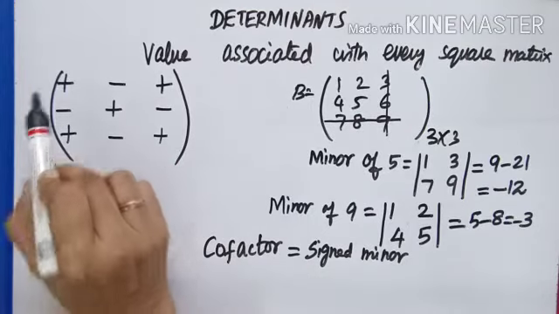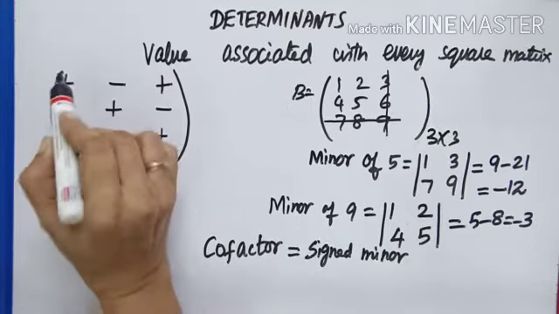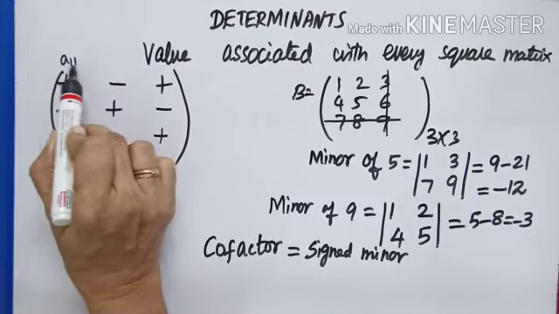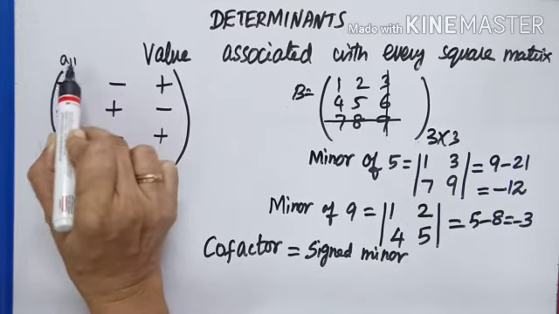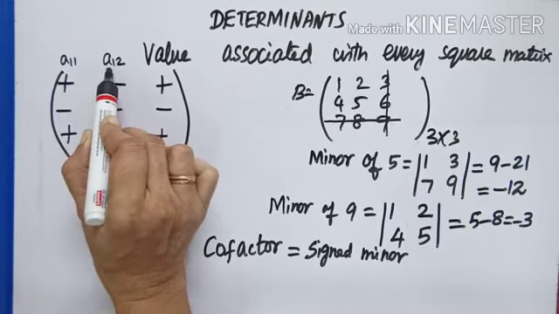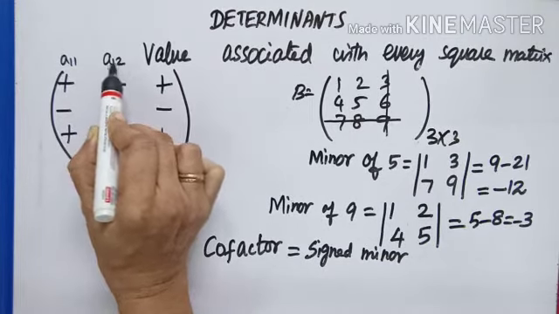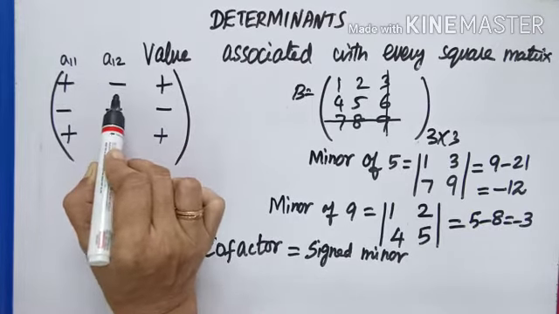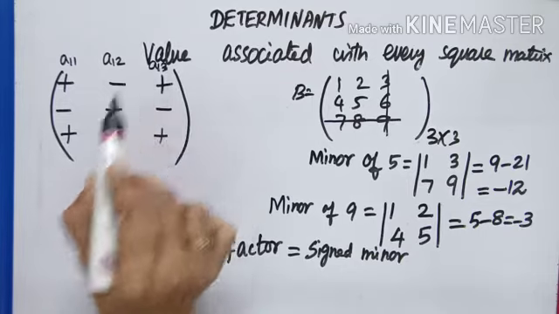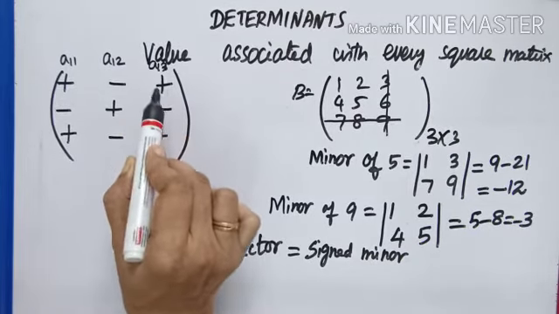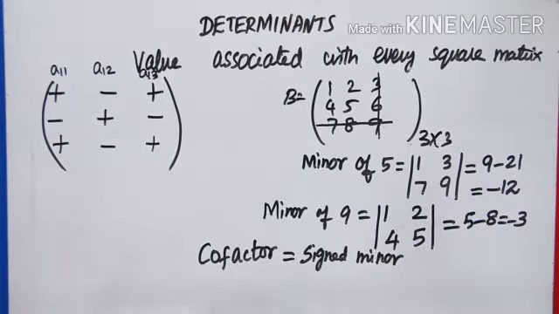We know first row, first element. So this is A11. Adding these two, even number implies positive. This is A12, first row, second column. Adding these two, odd number tells me minus symbol. A13: adding these two, even number, so it tells me positive.